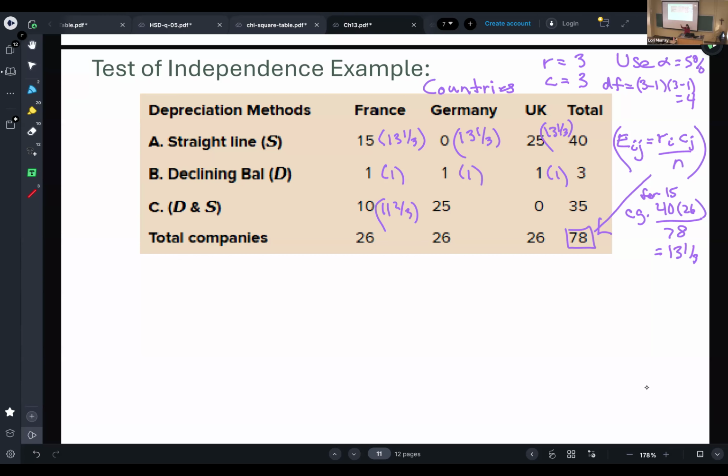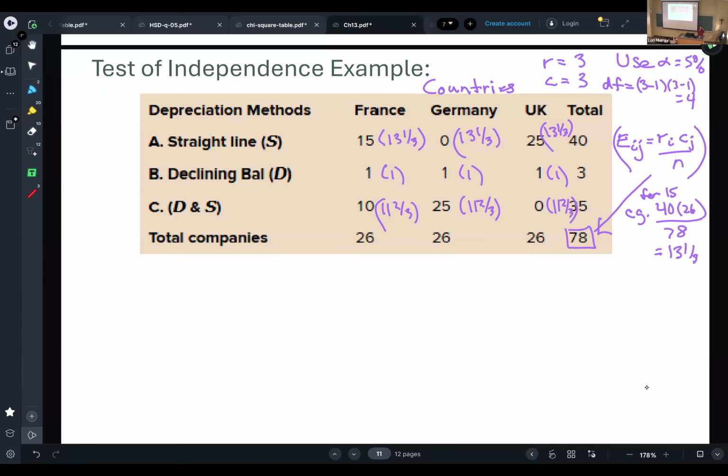And the same for the next one: 35 multiplied by 26 divided by 78. We get the same 11 2/3. And they got 25. And the last one, they expected 11 2/3, but they got 0.